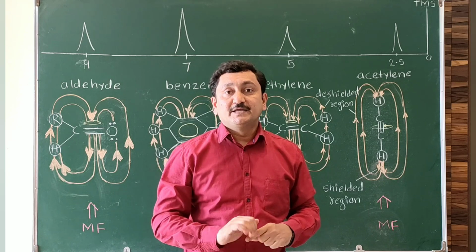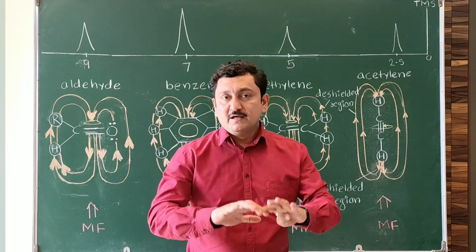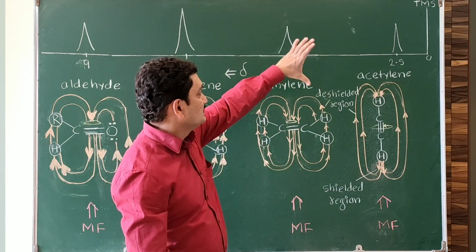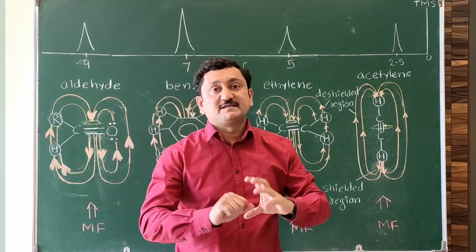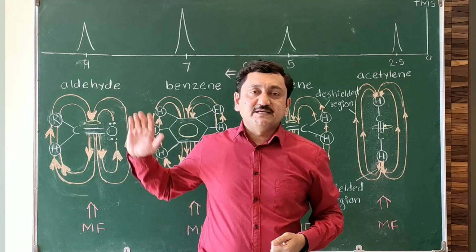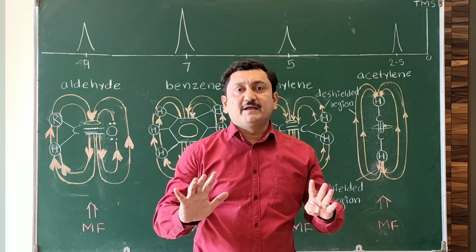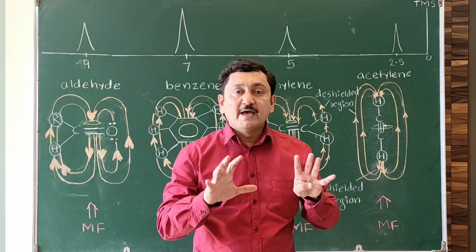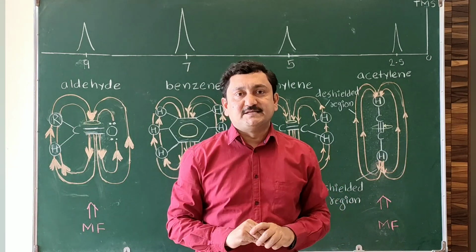The position of the signal gives much more information regarding the environment of hydrogen. Suppose a compound has given us a spectrum in which there are signals. If we are getting a signal between delta value 6 to 8.5, we can predict it is the signal of aromatic hydrogen, meaning in our compound an aromatic system must be present.